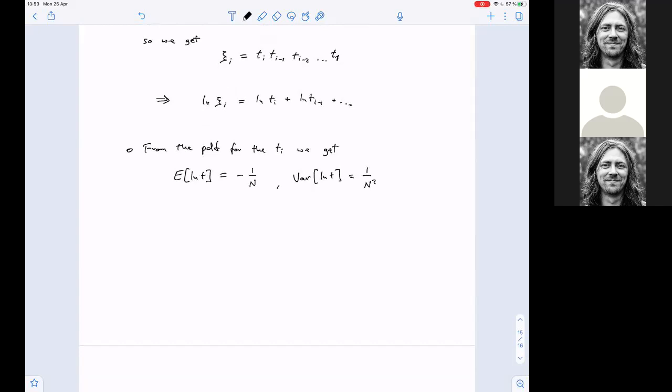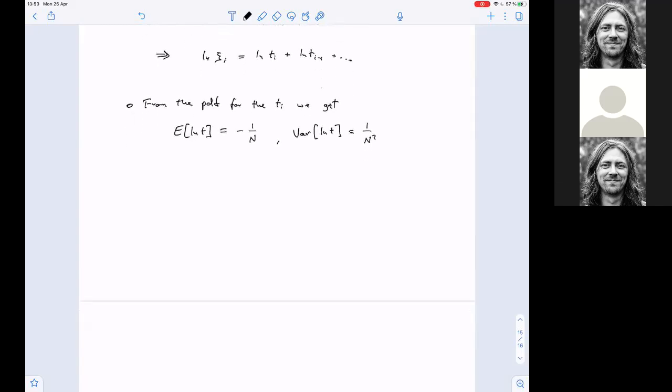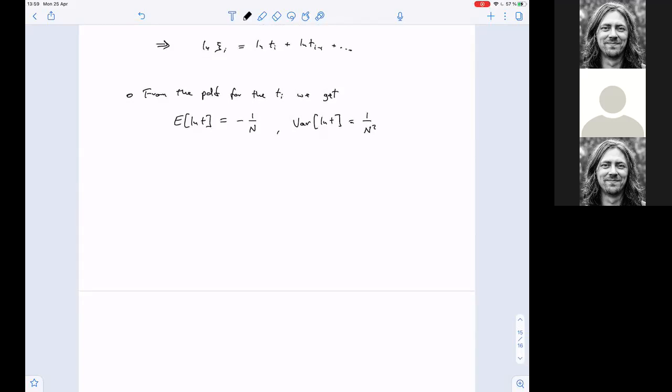And this then means that we get back to an estimate for our psi i values. That means we get the expectation and variance for ln of this prior mass.